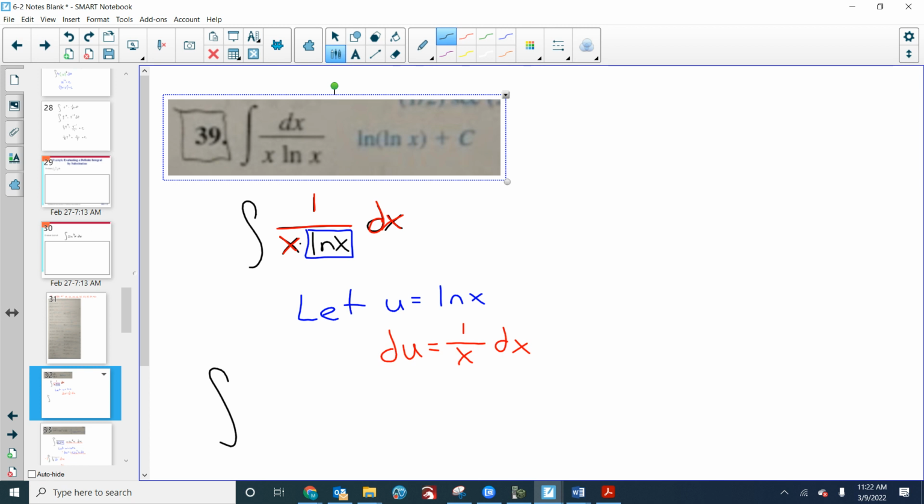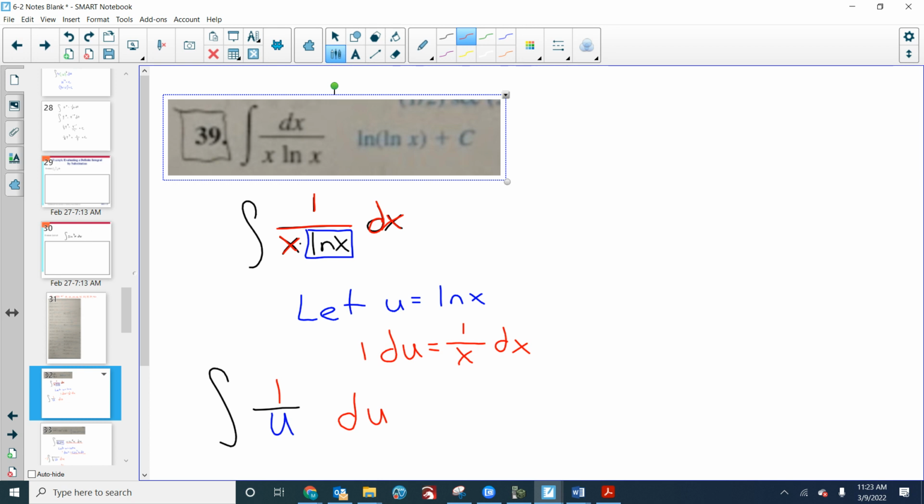Everything in red gets replaced with what? Du. Okay. Where's my u? In the denominator. So there still must be a fraction. And the 1 over x dx became a du, or a 1 du, right? Isn't that the same as 1 du? So isn't this a 1 times du?